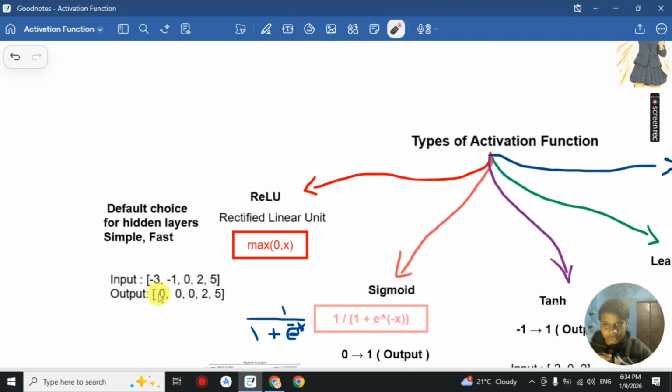Here also it is the same: -3 becomes 0, -1 becomes 0, and so on. This activation function is simple and very fast, so it's mostly used, and it is the default choice for our hidden layers.